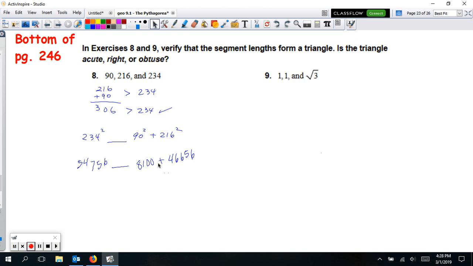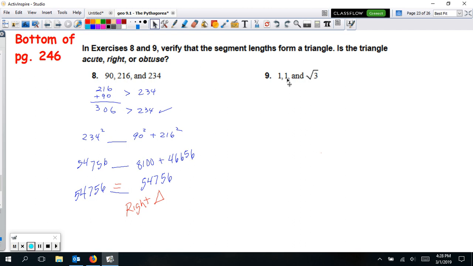So now we just have to add these two numbers together. 8,100 plus 46,656 does equal 54,756, which is exactly the same thing on the other side. So those two are equal to each other. Since they're equal, we can classify this as a right triangle, because a squared plus b squared equaled c squared.